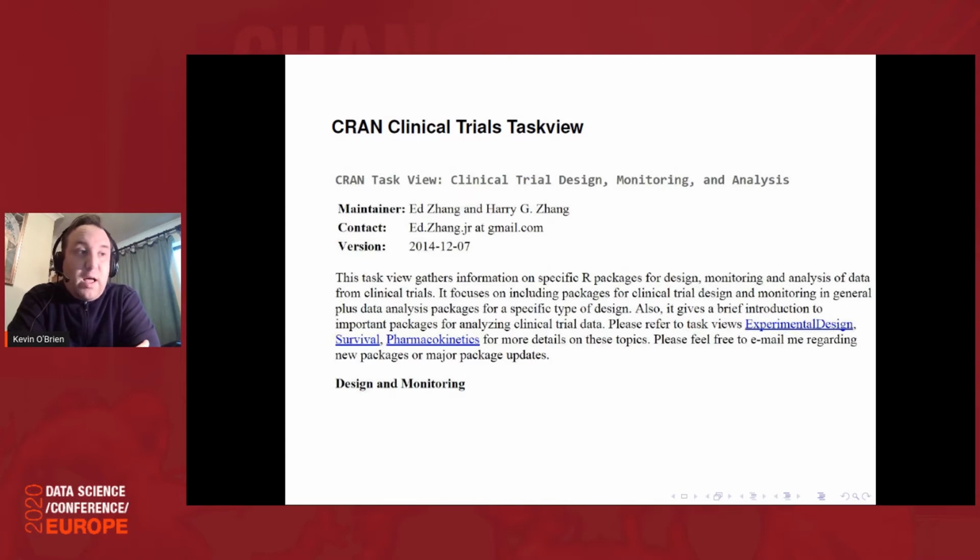So what I'm going to describe is mostly based in the R packages. CRAN is the Comprehensive R Archive Network, and the clinical task views is essentially a compilation of a lot of R packages related to clinical trials. And that's just a screenshot of that page.